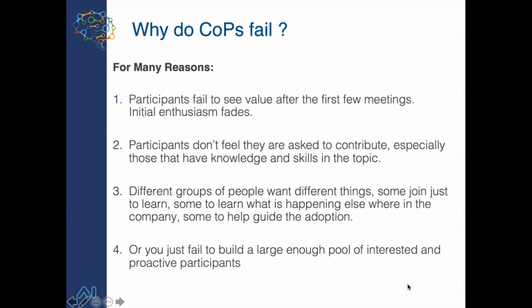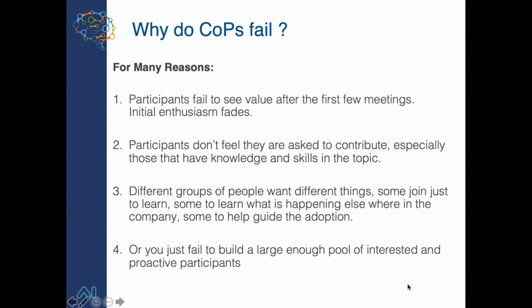And from what I've experienced and seen, they lose interest because they don't see where the value is for them. And I think that's one of the key challenges that you need to address as part of sustaining a community of practice.